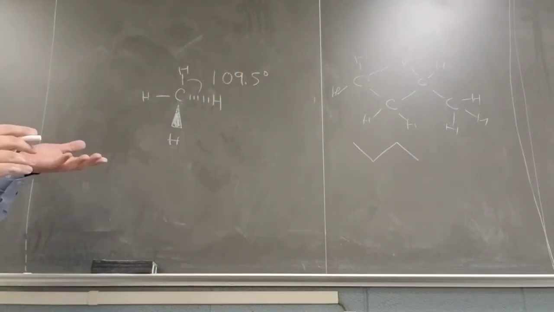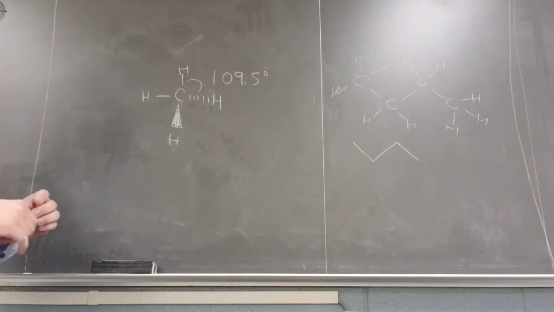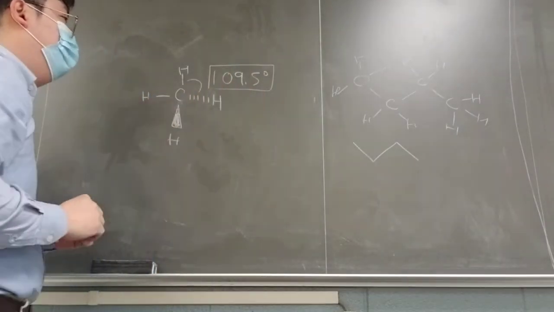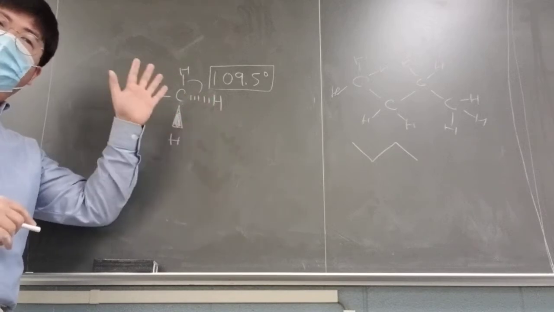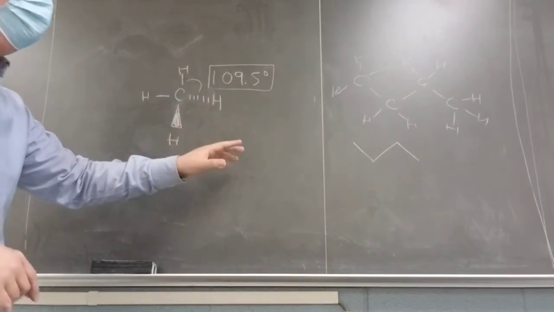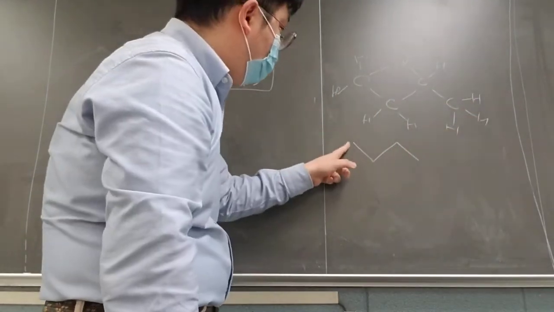So it's not 90, it's not 120, it's somewhere in between, because in a tetrahedral structure it has to be, on average, 109.5. I'll put this on the exam, 100%. I cannot miss this one. You need to understand this to understand why organic compounds are not linear. They have to be all bent.